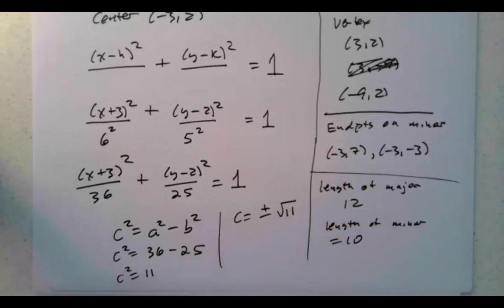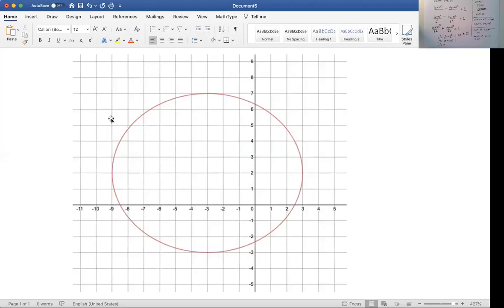So where does that put the two foci relative to our center? Our center is negative 3, 2. The foci are on the major axis. So we have to go in the x direction, root 11 this way and root 11 that way. So negative 3 plus root 11 and negative 3 minus root 11 will give us our x values. And then the y value stays the same, stays 2.